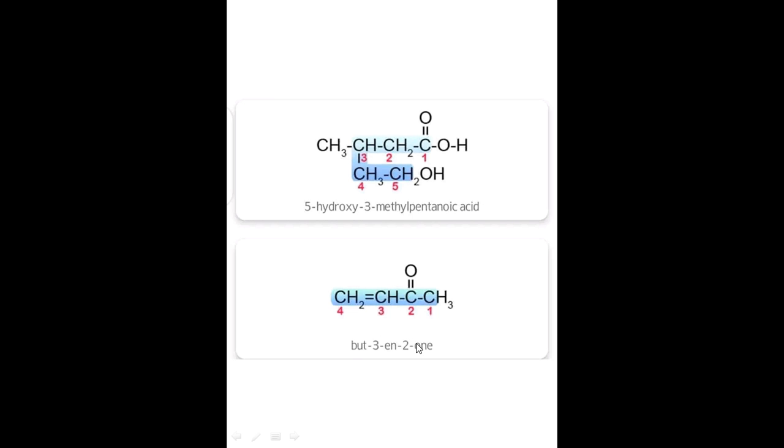This structure, butenone, means the double bond is at position 3 because the 3 is in front of the "en", and the ketone is at position 2 because the 2 is in front of the "one". That's basically how organic compounds are named.